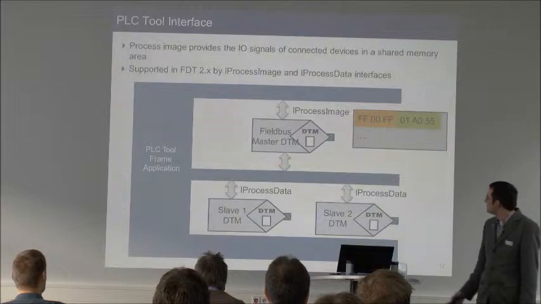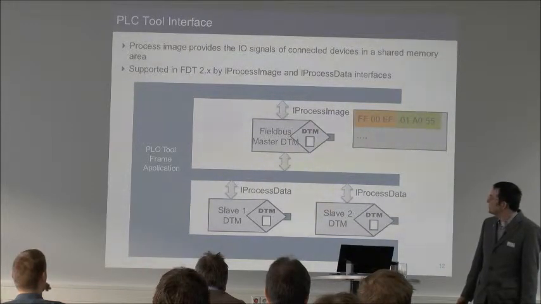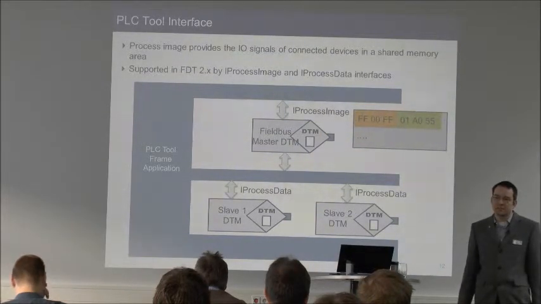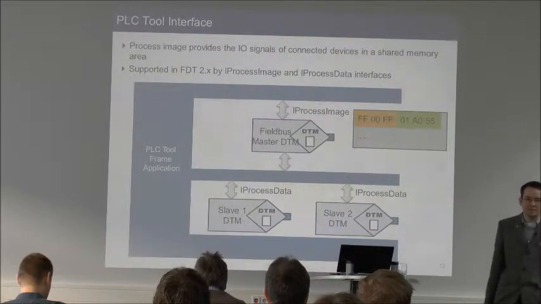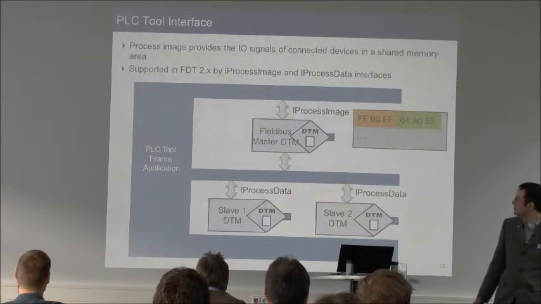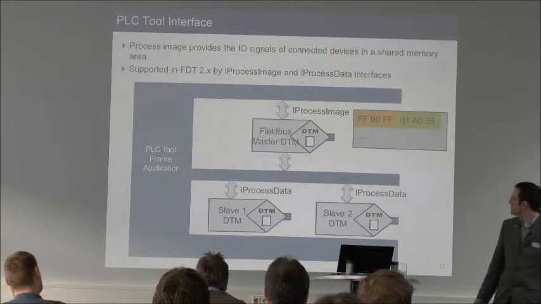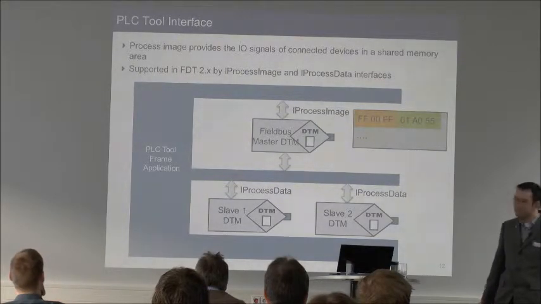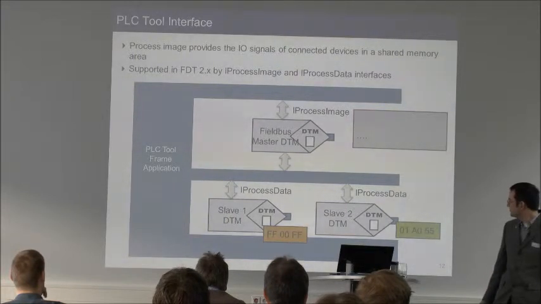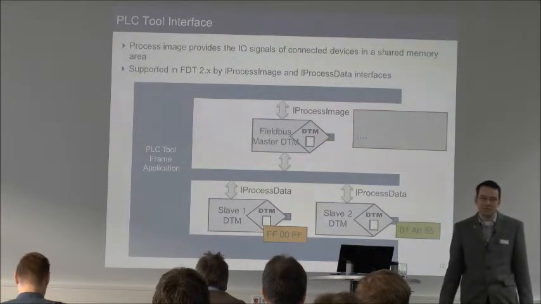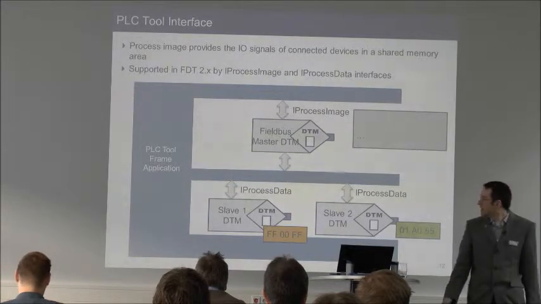The PLC tool interface is a feature that might be used in the future by special PLC tool frame applications, and a DTM can implement a process data interface. It's optional, I think, because it's only important for some vendors.